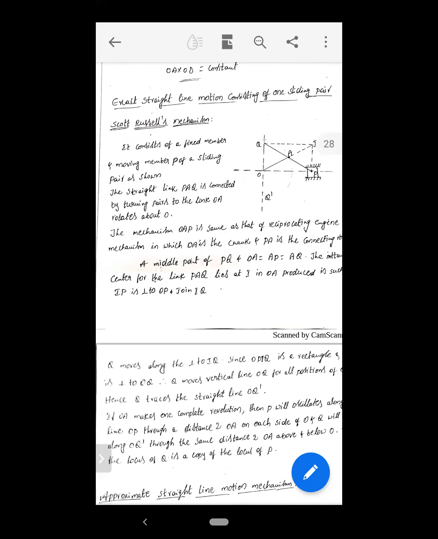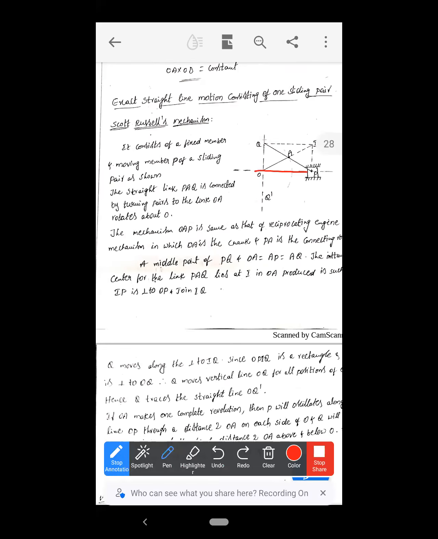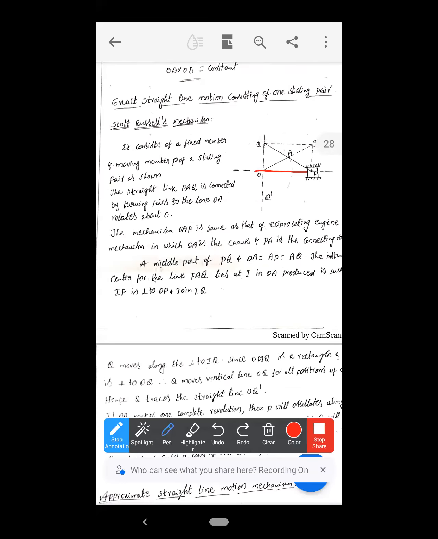All of you observe that. Four links are used in our diagram. In this, one sliding pair is also there; the other pairs are turning pairs. That sliding pair is seen at the P position.